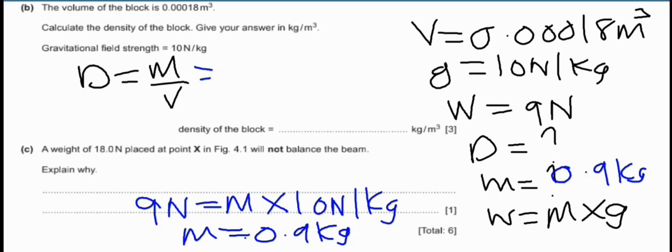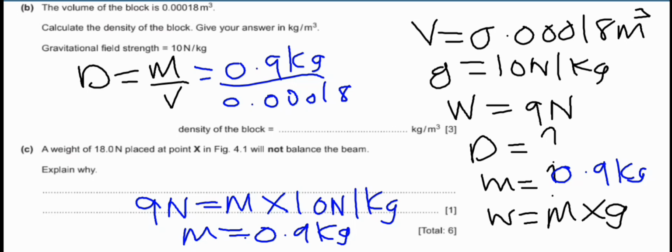What is our mass? Our mass is 0.9 kg divided by the volume that we have here, which is 0.00018 meters cubic. Then when I divide, I'm going to get 5,000. Now in terms of the units, we can say 5,000 kgs per meter cubic. So that one is our answer.